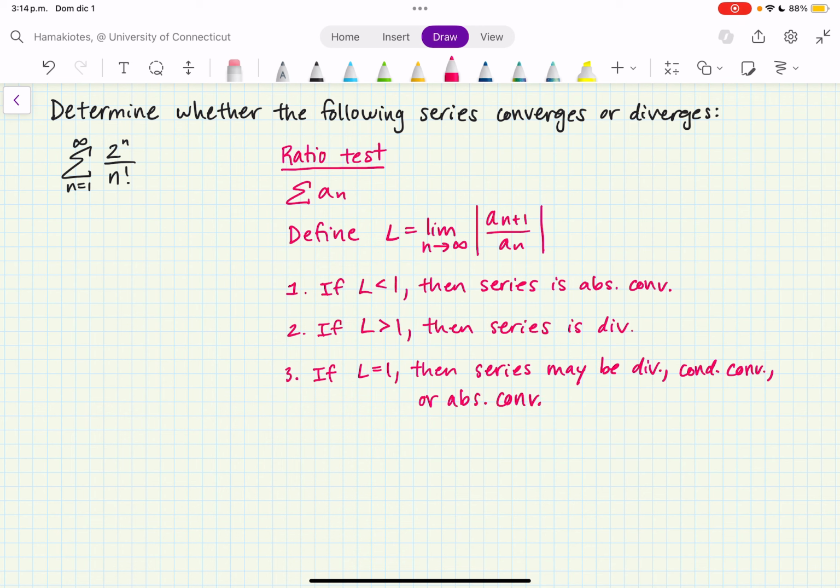So in our case, a sub n equals 2 to the n over n factorial, and a sub n plus 1 is 2 to the n plus 1 over n plus 1 factorial. So now we're interested in a sub n plus 1 over a sub n.